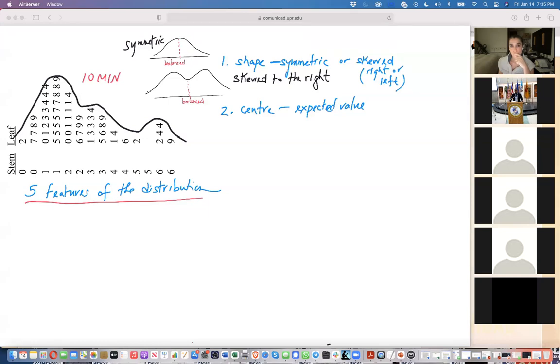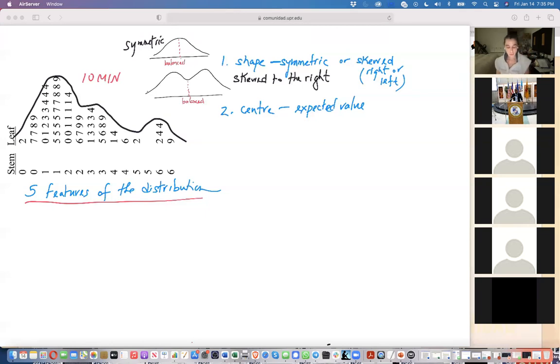Between 20 and 21. 20. You like this one here in this group? Yes. Okay, anybody else? I said a group before that one. You think this one? Where's the peak? Okay.